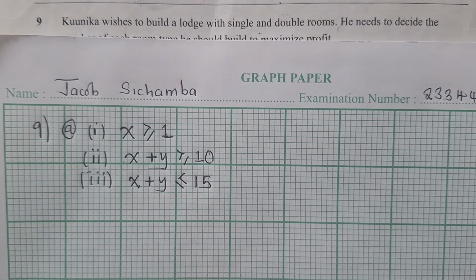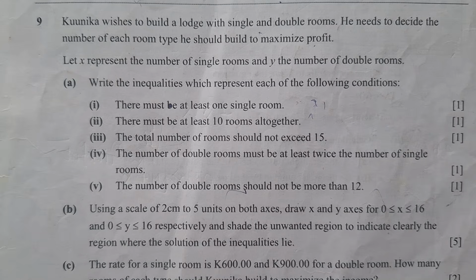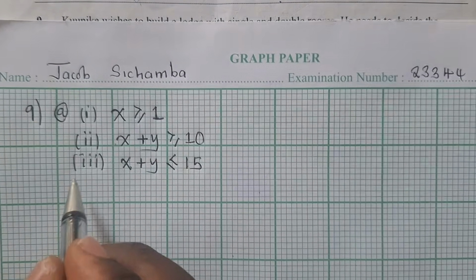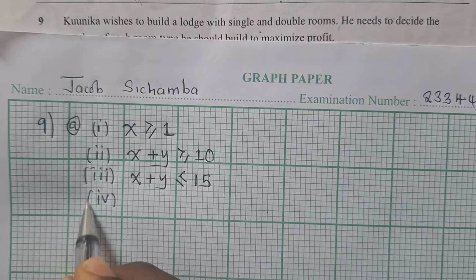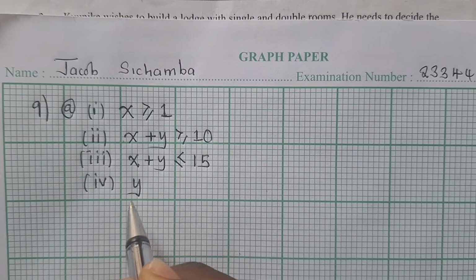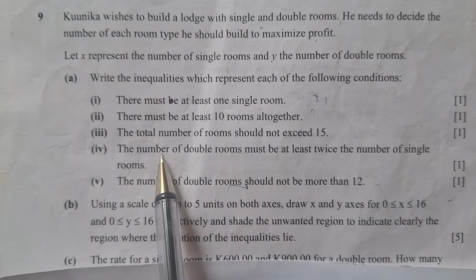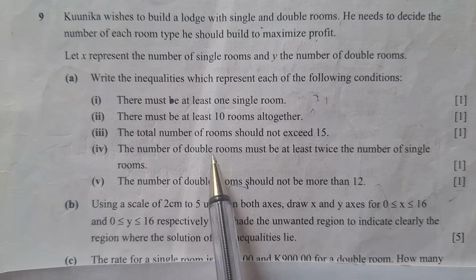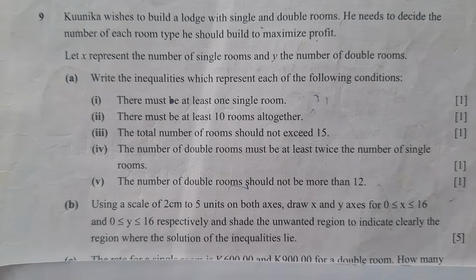The next one here is the number of double rooms must be at least twice the number of single rooms. So here we're going to say number 4, okay? So we shall say Y itself, double rooms, must be at least twice, okay, at least.